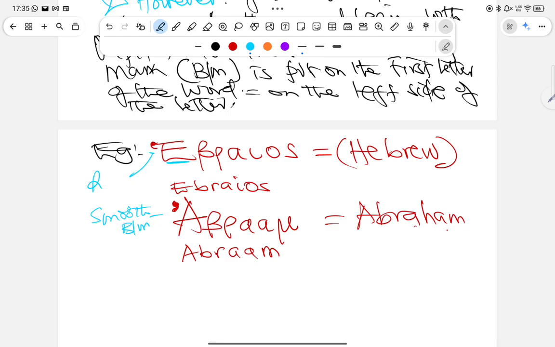This one is rough breathing mark. Rough breathing mark, we say it gives you an H sound, which is why even though it's written without an H, when it's pronounced, it's with an H sound. Smooth breathing mark, we said no H sound, and so that's why Abraham does not have the sound of the letter H. Okay, so you get the idea. So that is with the breathing mark.